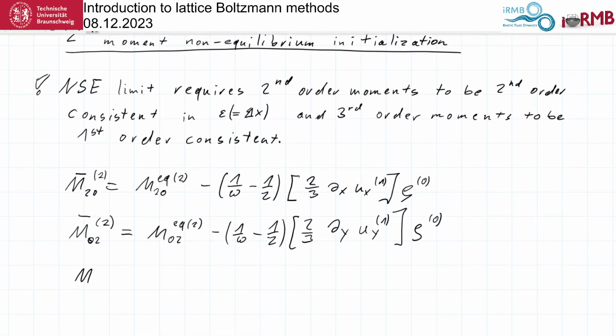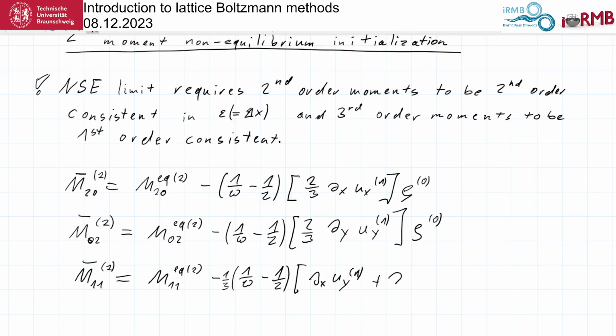And then, of course, we have the moment m11 second order is equal to the equilibrium to second order minus 1 over omega minus 1/2. Maybe I just write the 1/3 in front, and then we have here dx uy first order plus dy ux also to first order, and this into the zero order, the constant density. So the constant density is 1.